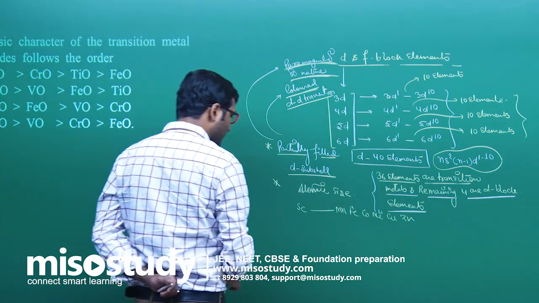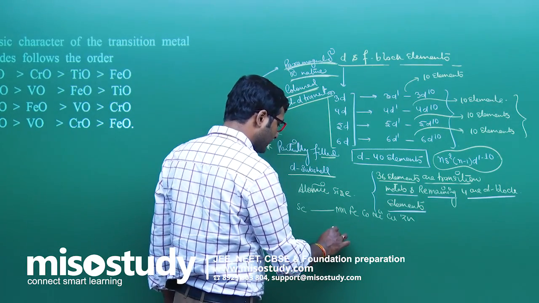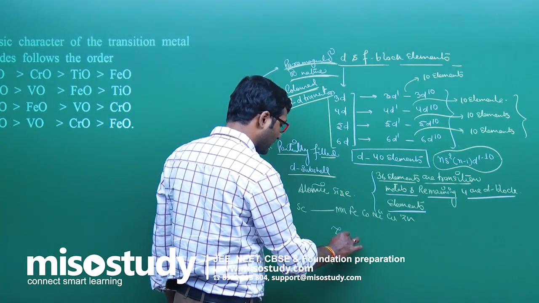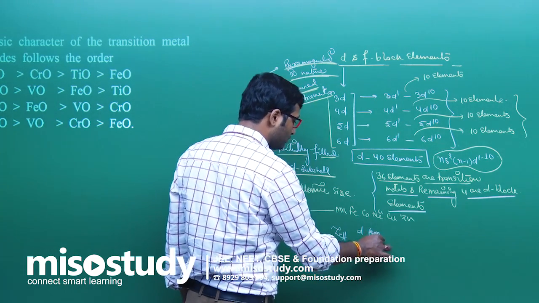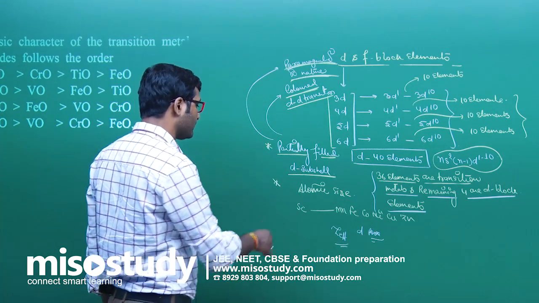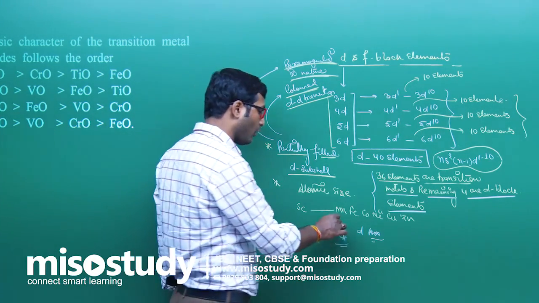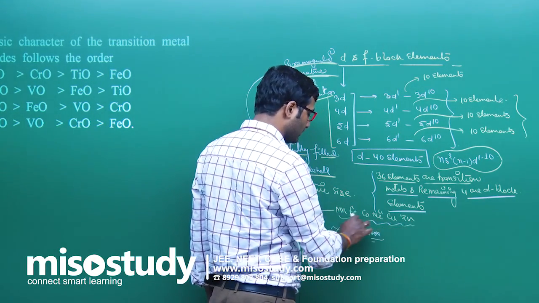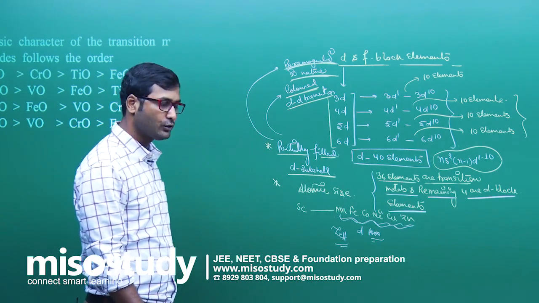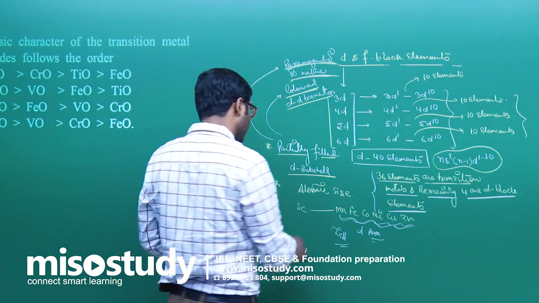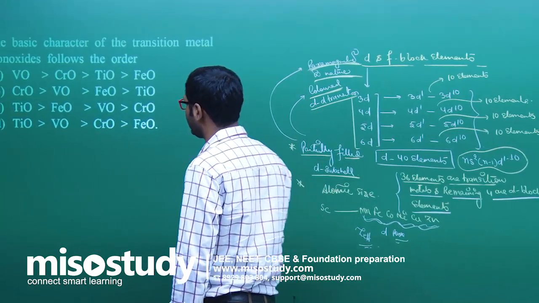What we observe first is that, due to the increase in effective nuclear charge, because we know D has a poor shielding effect, the size decreases up to Mn. Then after that all have almost equal radius, with slight variations due to the effective nuclear charge and the shielding effect.